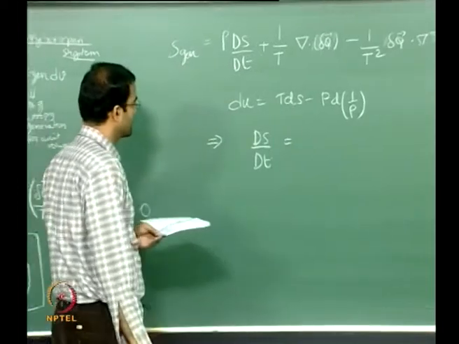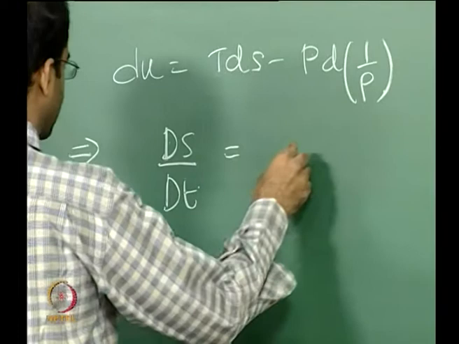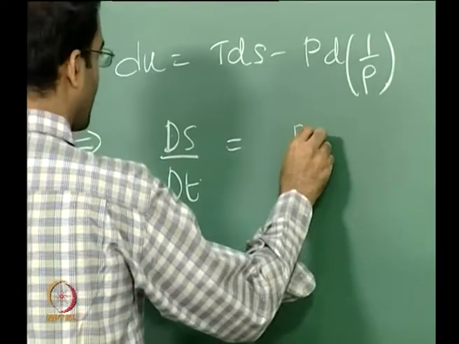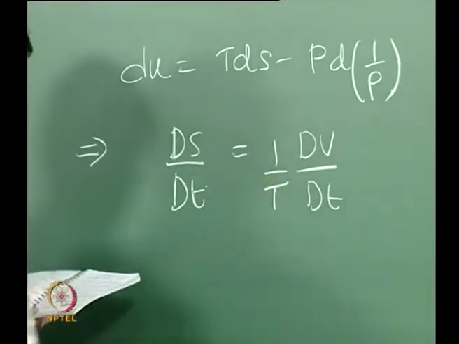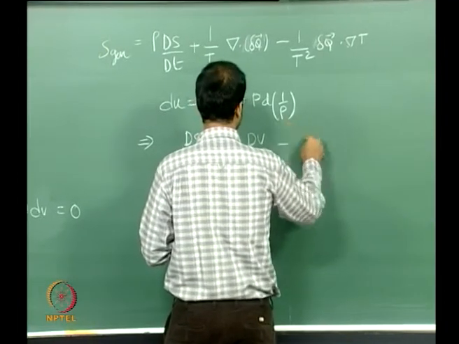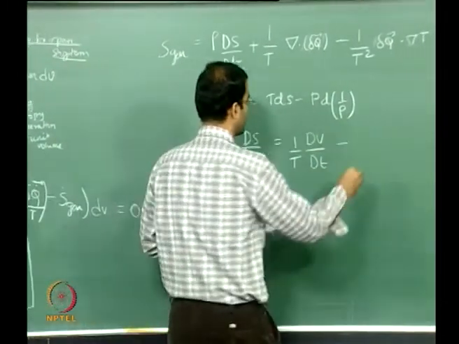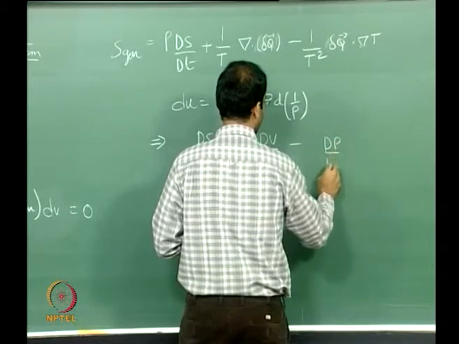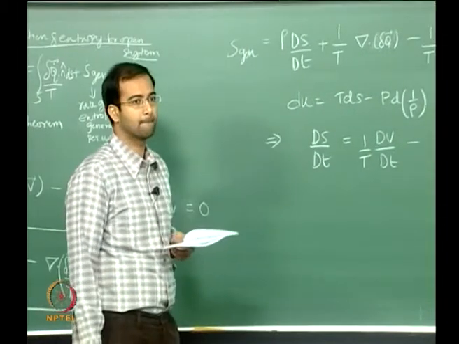Okay, so if I express ds by dt, I can write this as du by dt, so I can take 1 by T on the other side, minus, so this should be, if you can express this as d rho by dt, so what should be the remaining term?